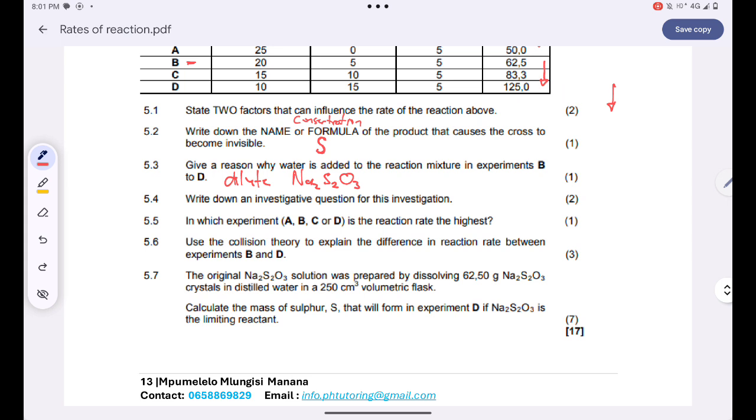Are you together? And since experiment B has a higher concentration, it simply means that there will be more particles present in experiment B. And since I have more particles, that means I'll have more effective collisions, and hence there will be a greater reaction rate.